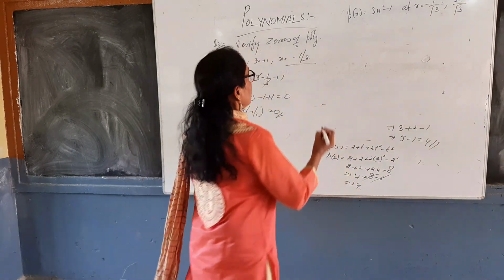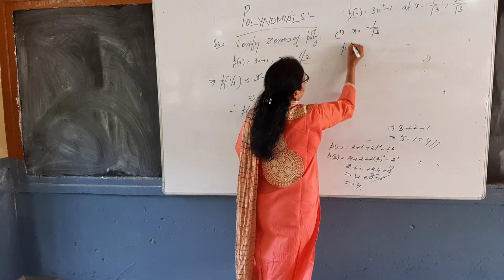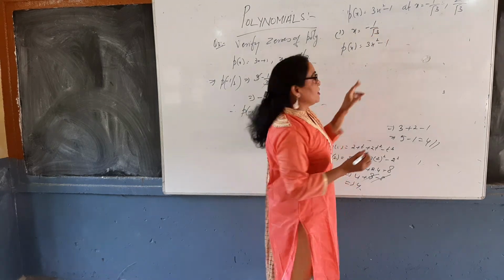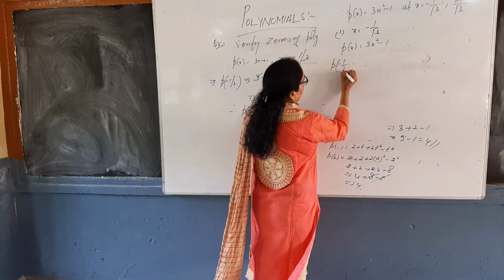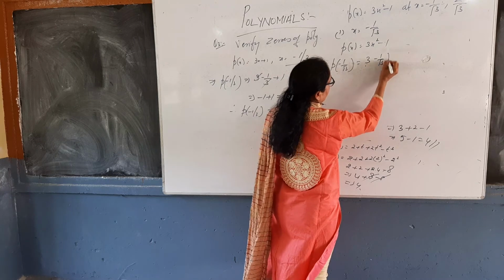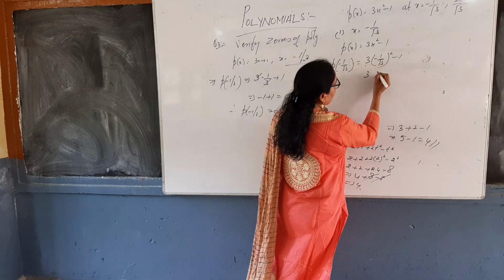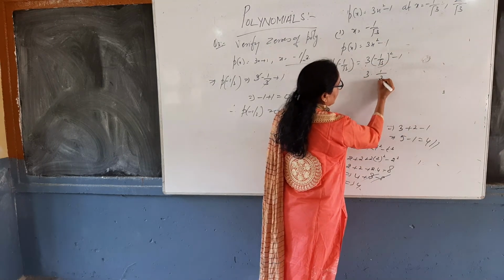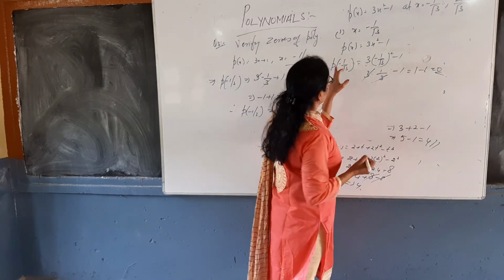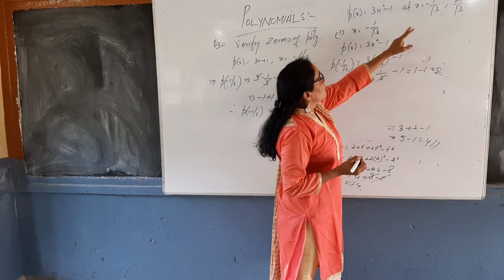So first, x equal to minus 1 by root 3. Here Px is 3x square minus 1. We will replace x by minus 1 by root 3. So P of minus 1 by root 3 is equal to 3 into minus 1 by root 3 square minus 1. Minus 1 square is 1, root 3 square is 3, so it is 3 into 1 upon 3 minus 1. This 3 cancels. So you get 1 minus 1, which is equal to 0. So putting x equal to minus 1 by root 3, it becomes 0. It means minus 1 by root 3 is a zero of this.